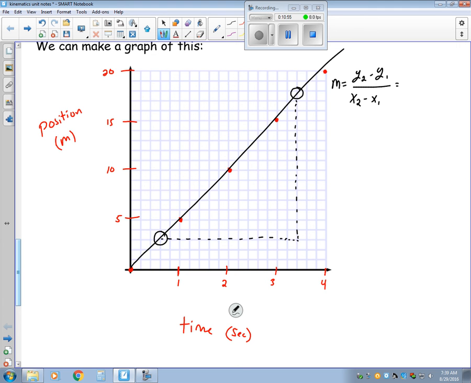So my y2 looks like I have 18 meters minus my y1, which looks like 3 meters. My x2, see, each line here would be worth 0.2, so 3.4 seconds minus 0.6.